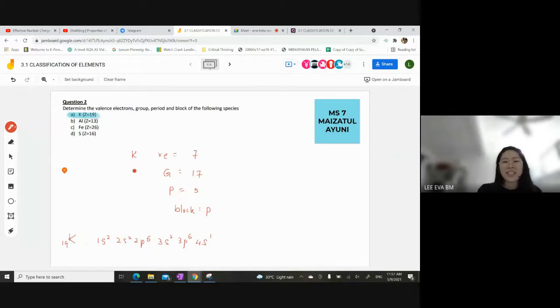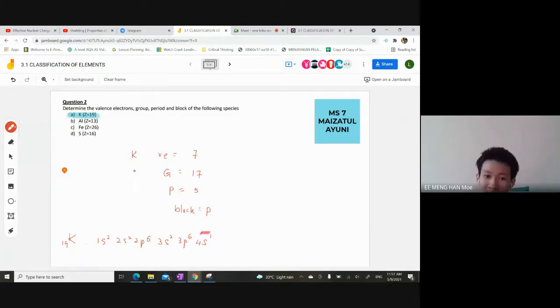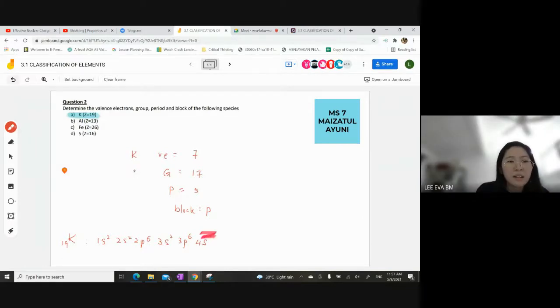Okay, so in this case, how many valence electrons do we have? 1. Kita ada valence electron satu sahaja datang daripada 4s1. Ini adalah awak punya valence electronic configuration. Therefore, you have only one valence electron. Since you only got one valence electron, it is from group 1.